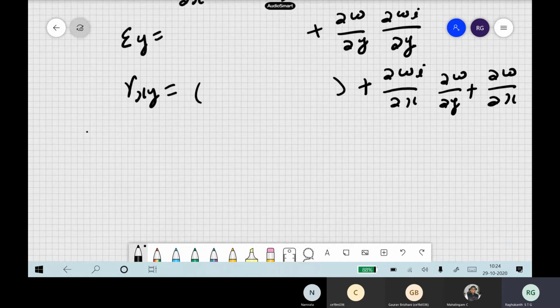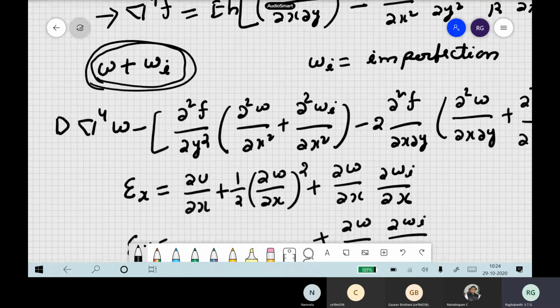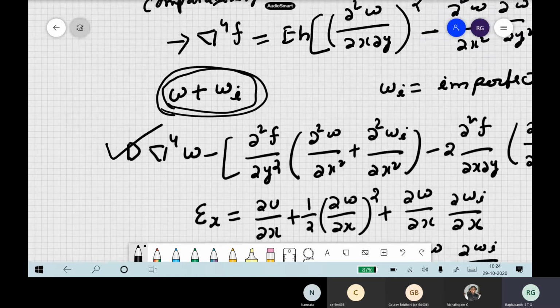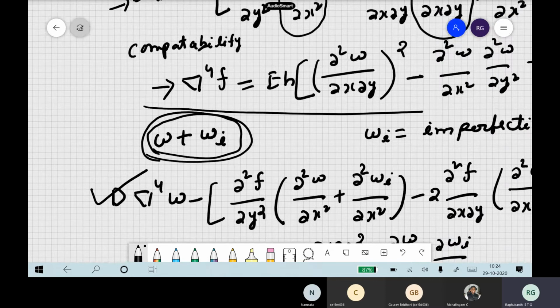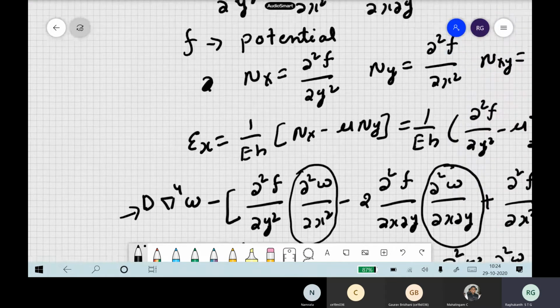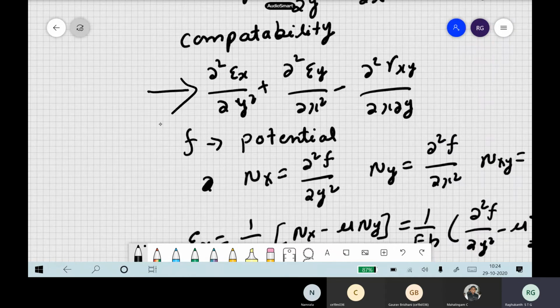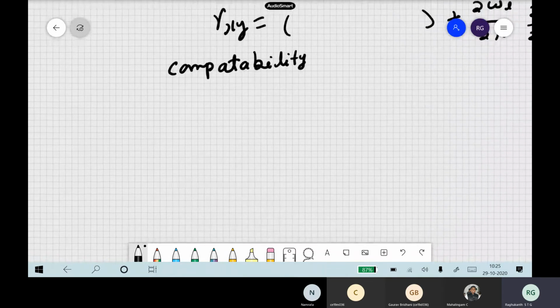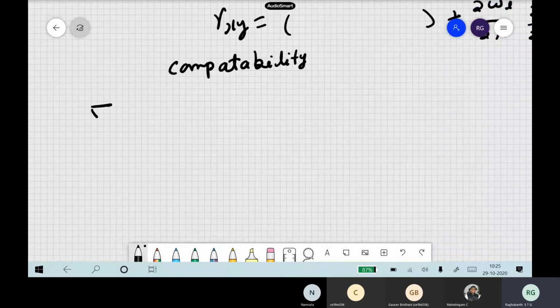Now you have to write the compatibility equations. For post buckling behavior it will be slightly different because of w and wi. This first equation is perfectly fine, but the equation we wrote previously for the perfect shell is not valid now because we have wi also. So you substitute epsilon x, epsilon y and all those in the compatibility equation including wi, and you get a big equation, which is slightly complicated.